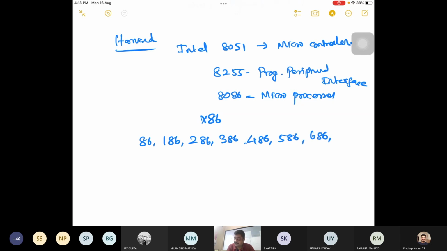So generally we call it x86. Generally this x86 is a 32-bit architecture. After a period of time, they converted it into x86_64, called the 64-bit instruction set. So that's the way the processor has evolved.